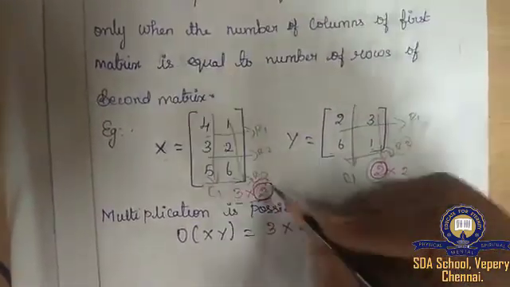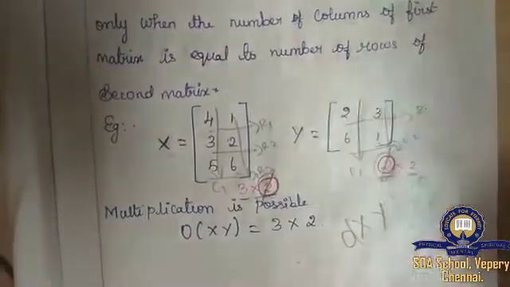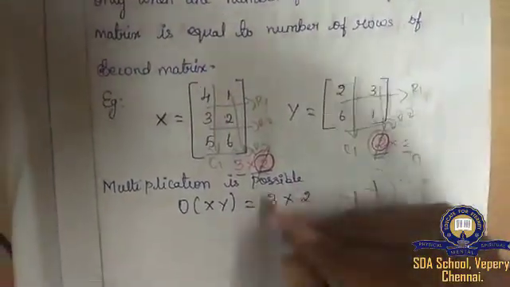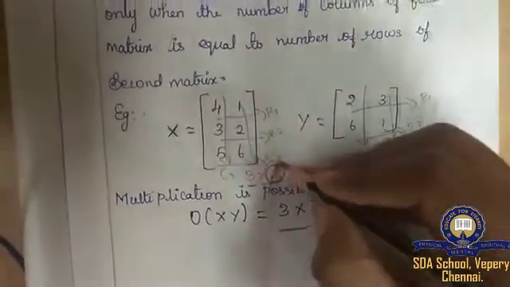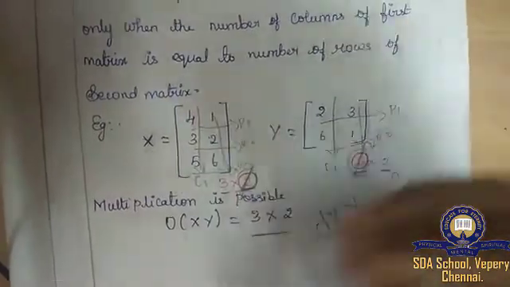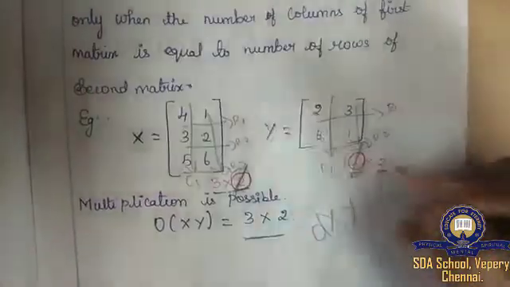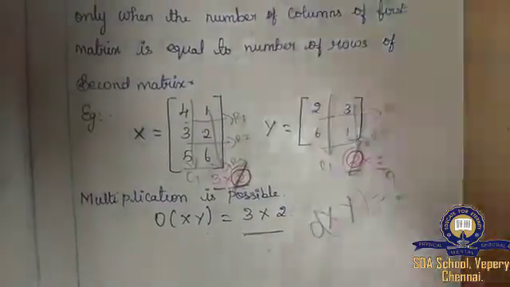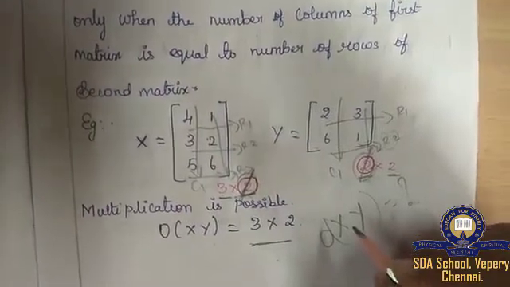Just simple, just cancel the numbers in between. What is left out? Here we have 3 and here we have 2, right? So the order of this resultant matrix, or the order of XY, is nothing but 3 by 2. So please do remember, if you cancel the numbers in between, you will be left with 3 by 2. So the order of the resultant matrix is 3 by 2.